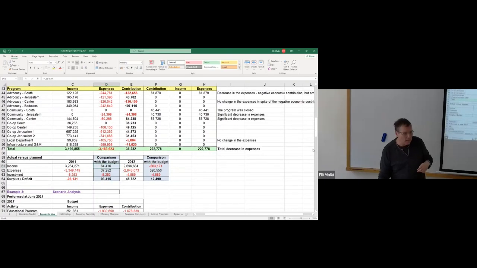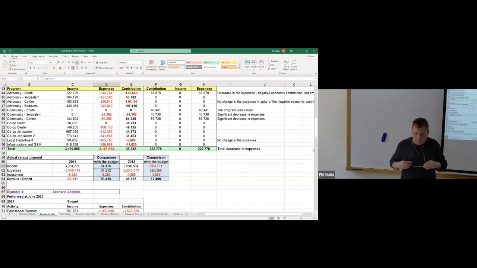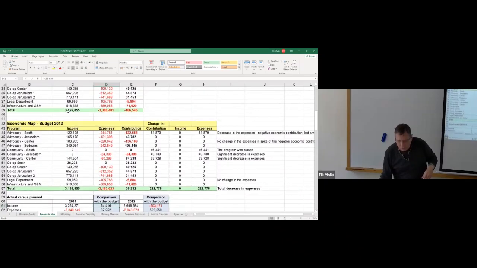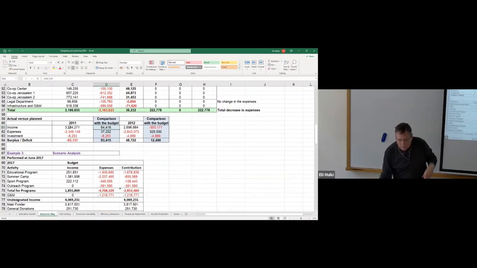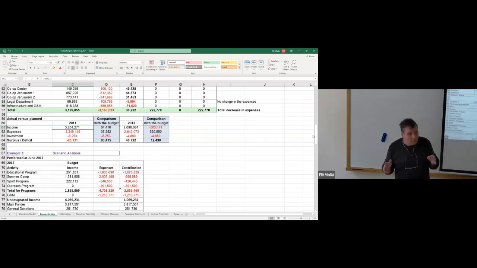And we can see that income was slightly higher than predicted. Okay? We predicted for 2011 an income of 3.2, and we actually had 3.264. Okay, and that is again the difference in the time framework. We did the prediction in July. The end of the year, apparently we receive a little bit more.